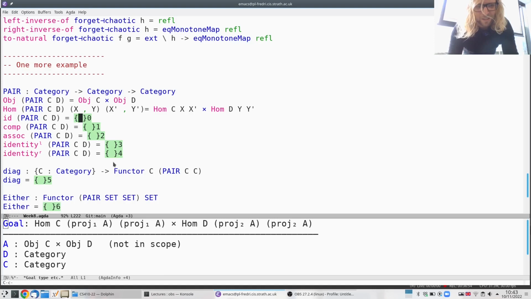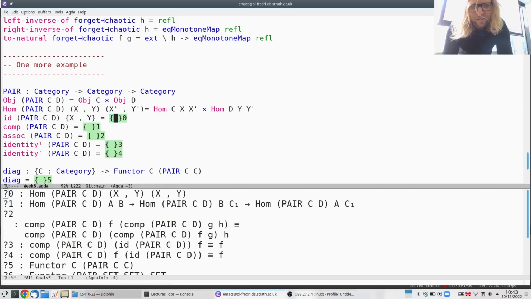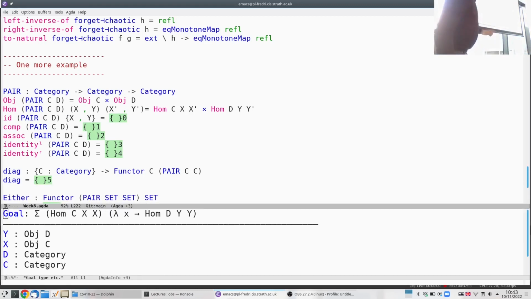But I have an identity in, right, let me actually, so here I want an identity on x, y, say. So that means I should have a morphism in C from x to x and a morphism in D from y to y, right?